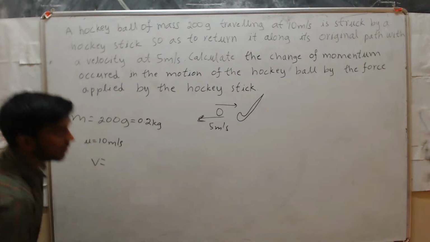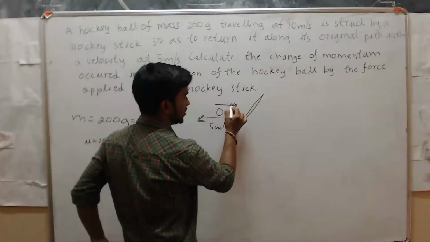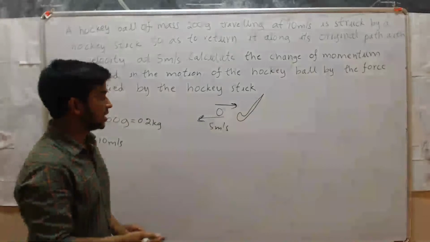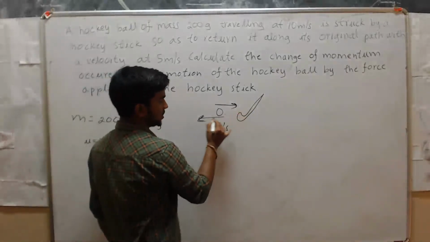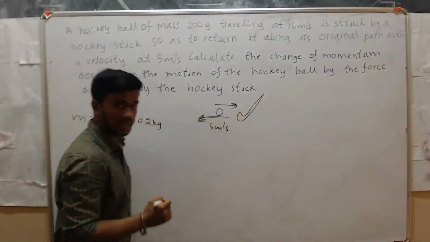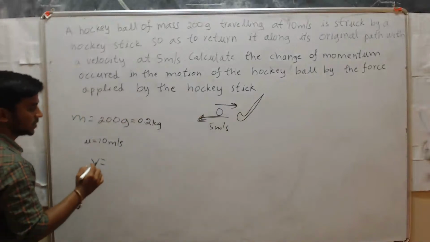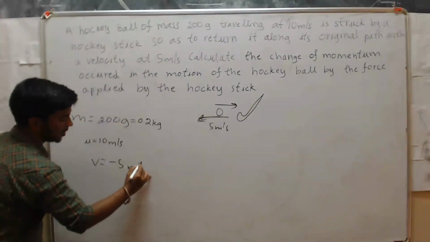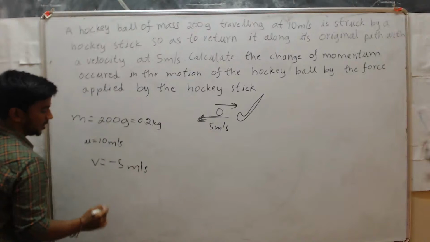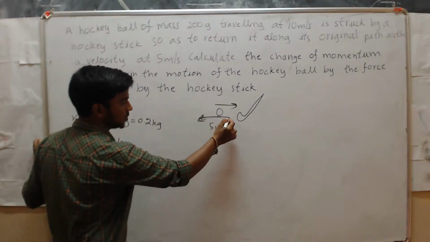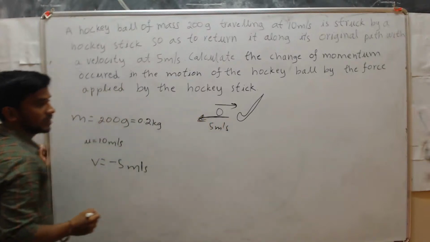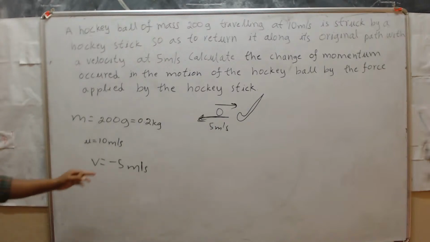See here, its initial velocity is in this direction. Later, after being struck by the hockey stick, it is moving in this direction, right? So that is the opposite direction. So that's why we should take v equal to minus 5 meter per second. Why is it minus 5? Because it is moving in the opposite direction the second time.